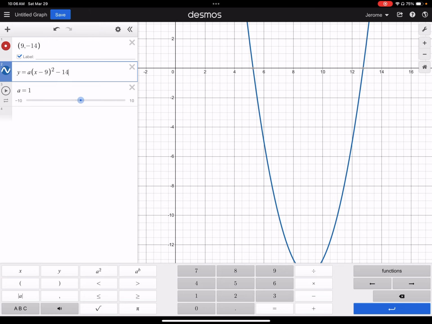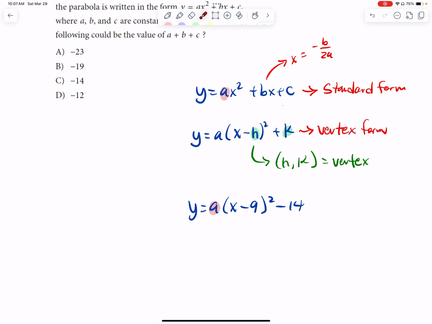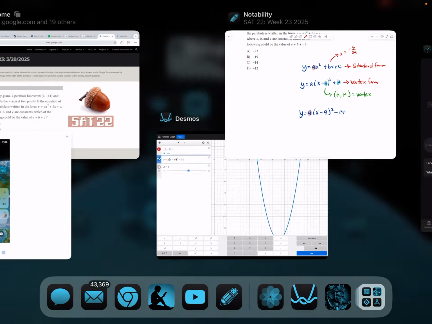I wouldn't suggest typing this in as y equals ax squared plus bx plus c, as in standard form, and try to fiddle with the a, the b, and the c so that you could try to get one of these numbers. And you'll see why at the very end of this when we see what the actual values of a, b, and c turn out to be.